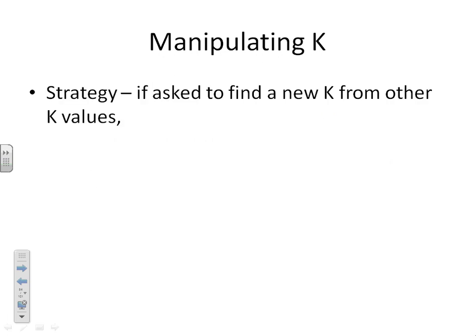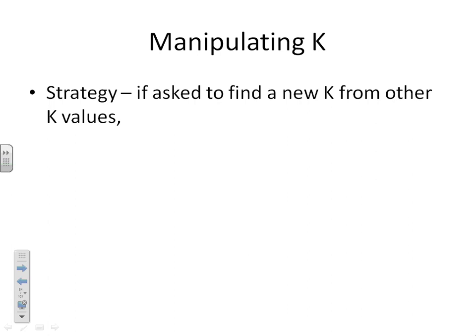So in general, if you are given a problem where you are asked to find a K value for a reaction, and maybe you're given other K values for other reactions, essentially think of it like a Hess's law problem, where it says, find the delta H value for this target reaction given these other reactions and these other delta H values.